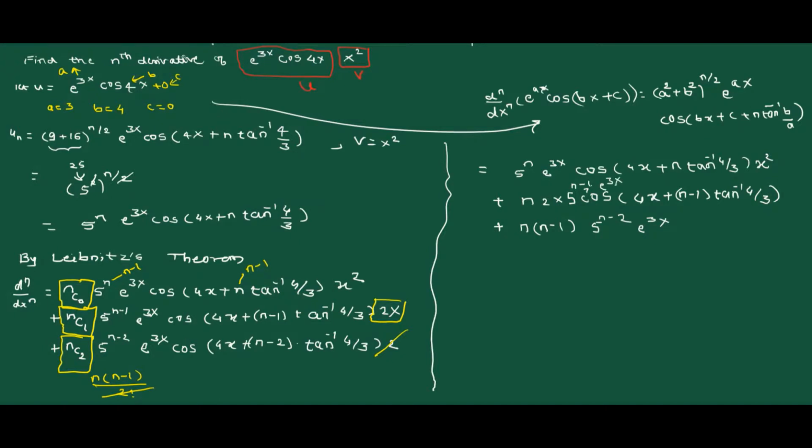So please write down 5 raised to n minus 1 into e raised to 3x in the previous step, and then in the next step 5 raised to n minus 2 e raised to 3x cos, that is 4x plus n minus 2 into tan inverse 4 by 3. So this is the required solution.